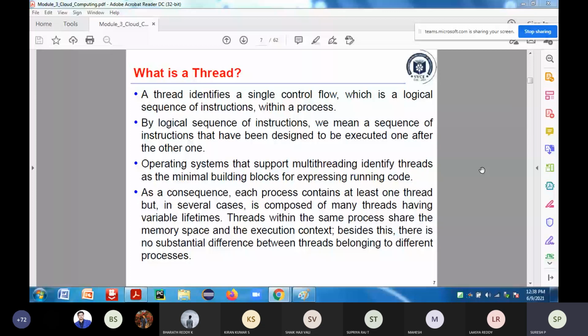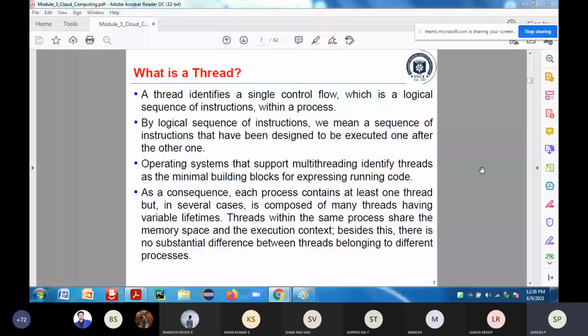Now when you talk about the process, as seen in all the definitions of threads, each process contains at least one thread. That means one flow of execution, one single control flow, will be there. If you take the process, what does it consist of?